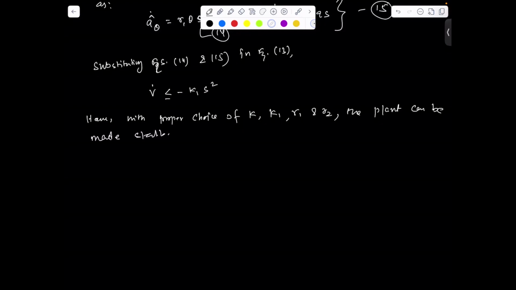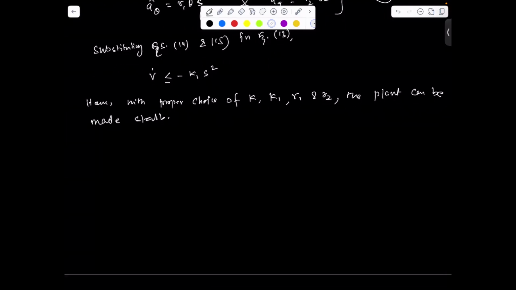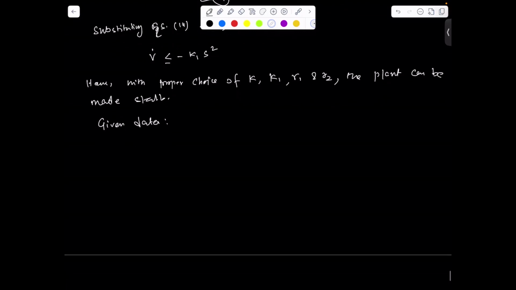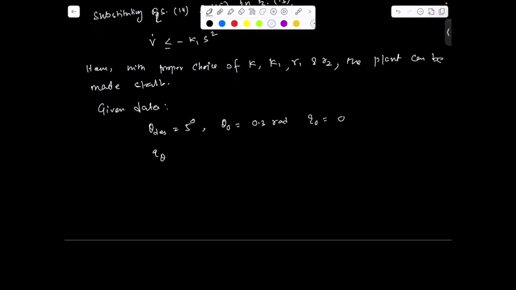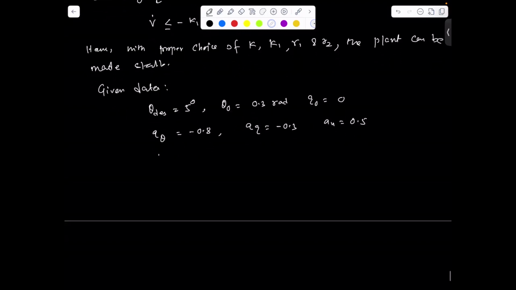So the values are taken as the given data: theta desired is 5 degree, theta naught 0.3 radian, Q naught 0, A theta minus 0.8, AQ minus 0.3, AU 0.5, K equal to 2.5, K1 equal to 2.5, R1 equal to 0.1, and R2 equal to 0.1. Okay. So these are the given data we have.